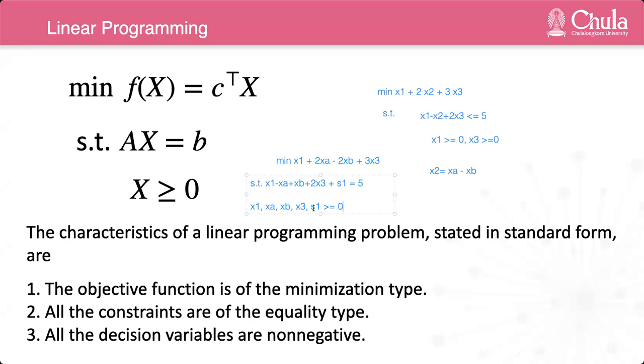We will deal with that point later. Or instead of plus s1, you can minus s1. It is the same. Because s1 is positive, when you minus s1, it changes from greater or equal to equal.